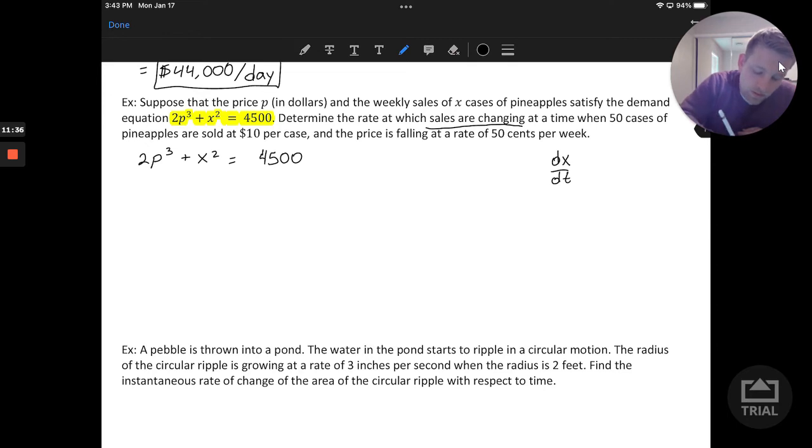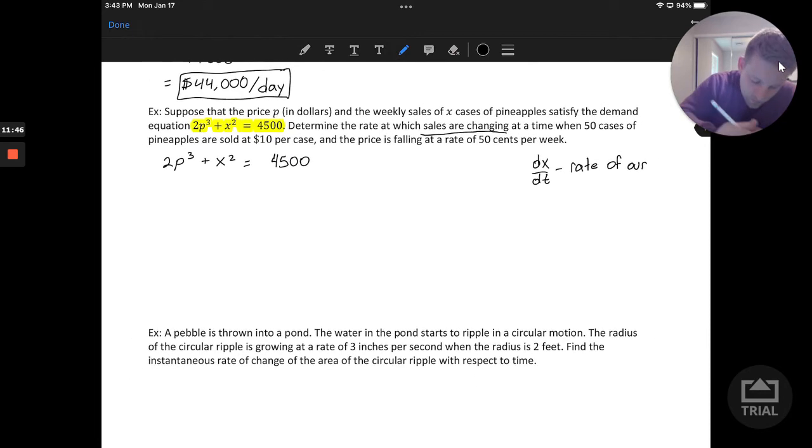So that is the rate of our sales. And we're considering this rate of change at the time when 50 cases are sold. Well, the number of cases is, again, the x variable. So x is fixed at 50 cases.